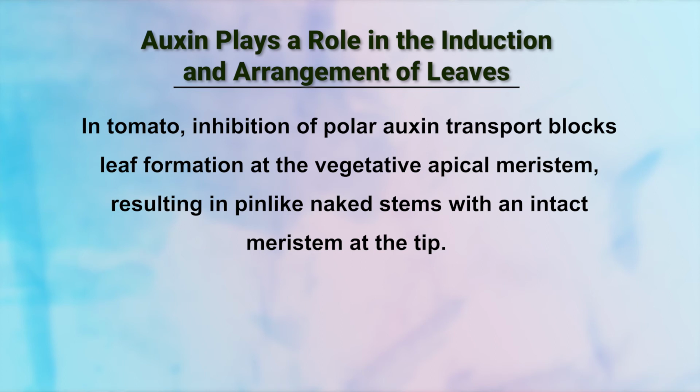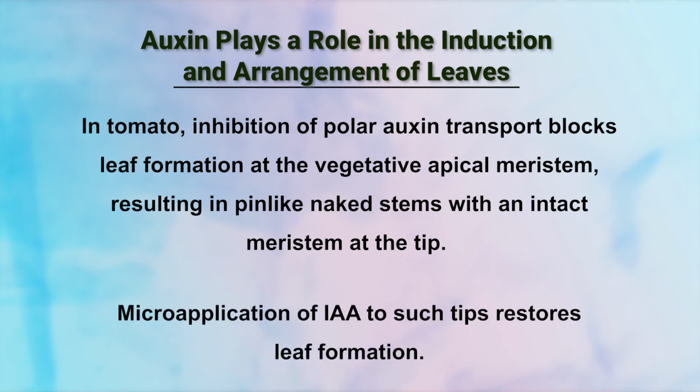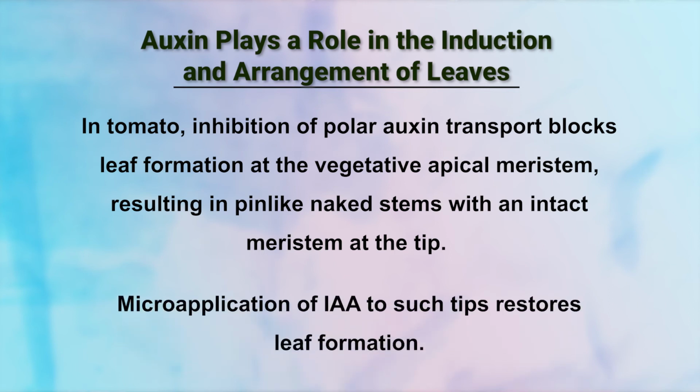Due to this block of leaf formation, it results in naked stem formation, which looks like a pin with an intact meristem at the tip. Now, if indole acetic acid is applied on such a tip, leaf formation is restored. Thus, auxin can induce formation and arrangement of leaves.